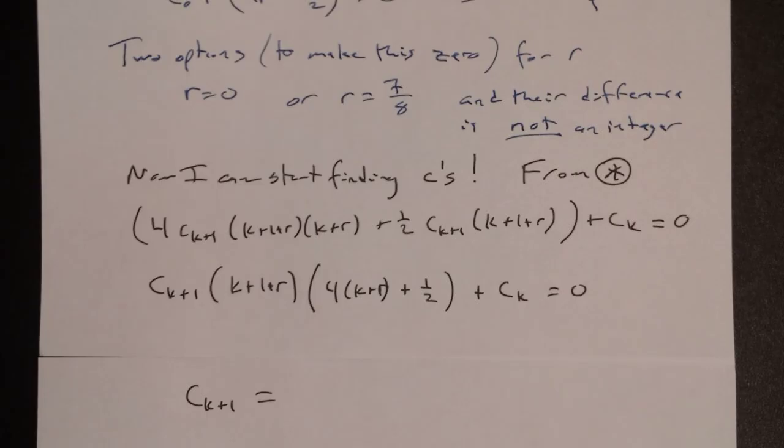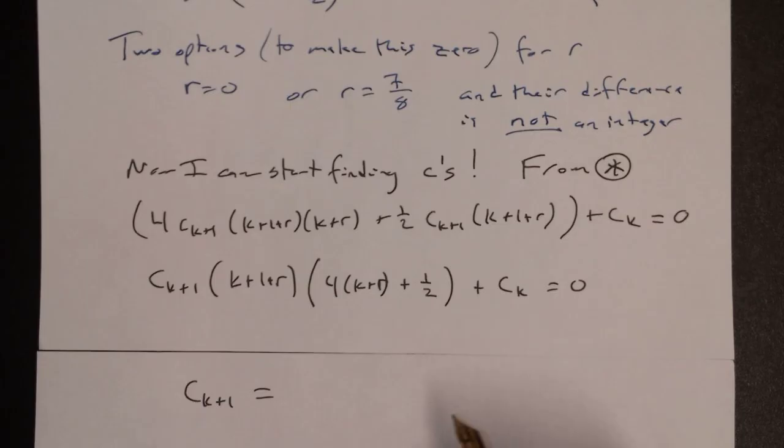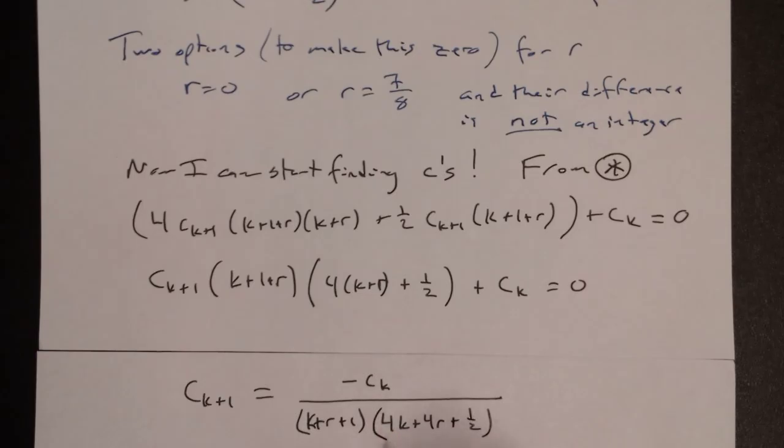What do you get? Negative CK, bottom up. Okay. Great. I love it. Wonderful. I don't like having a 1/2 in the bottom here.